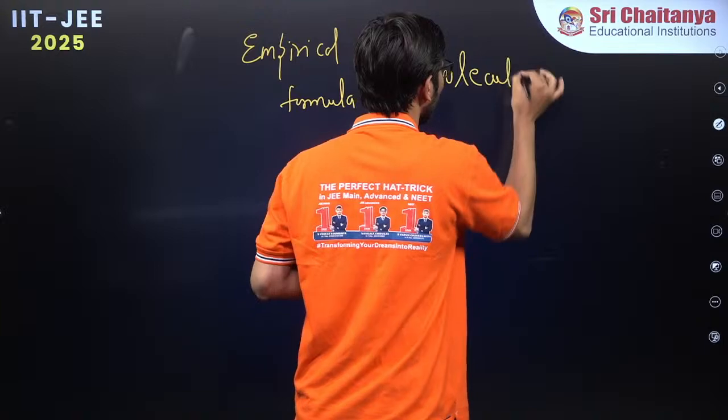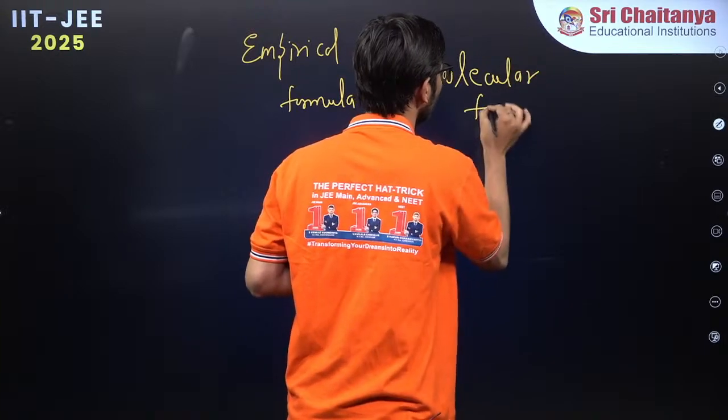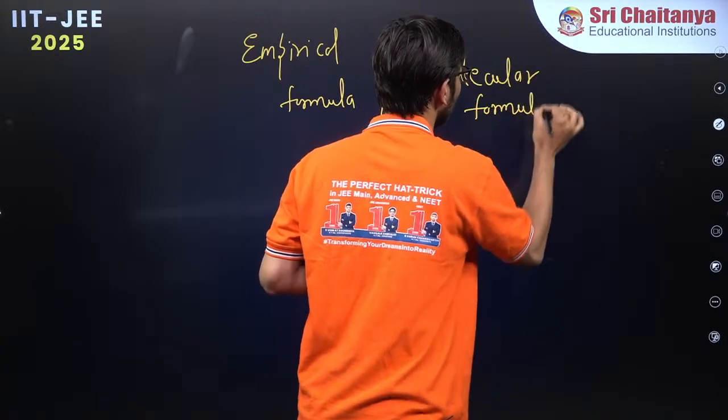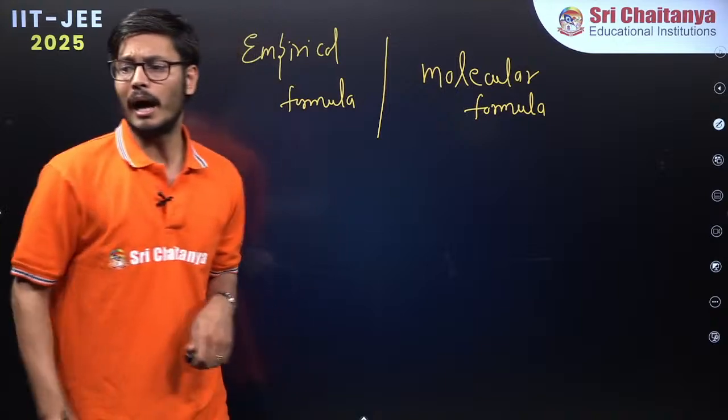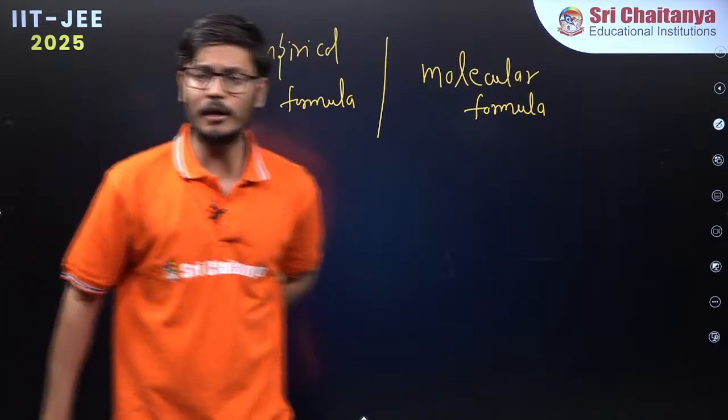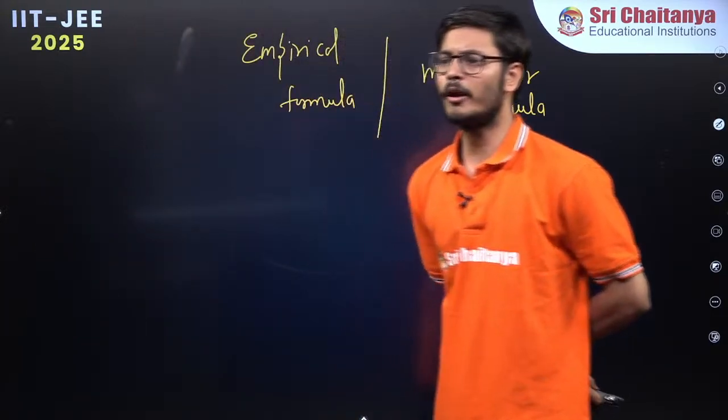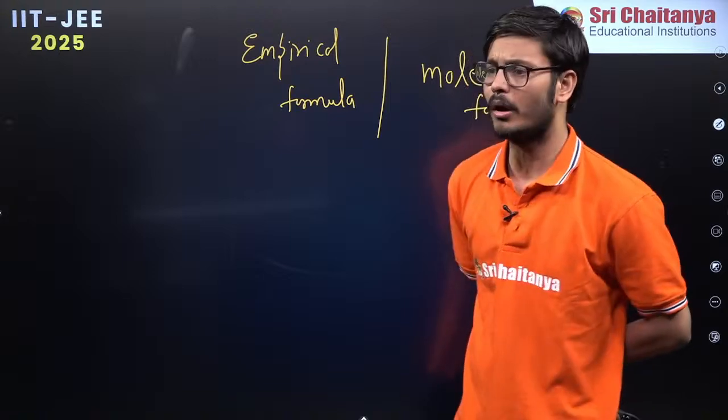To understand them and solve the numericals, it is important to have the idea of percentage composition. What is the relation between them, sir? Can anybody give me the difference between empirical formula and molecular formula?